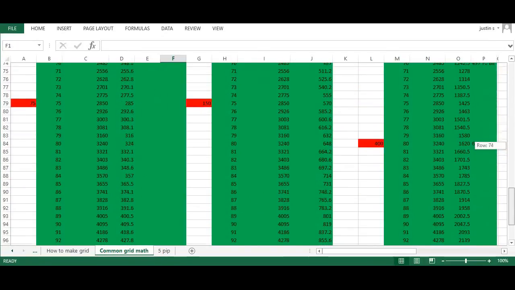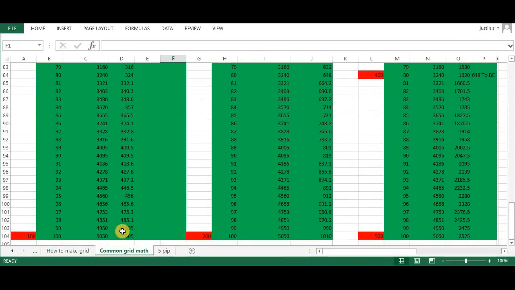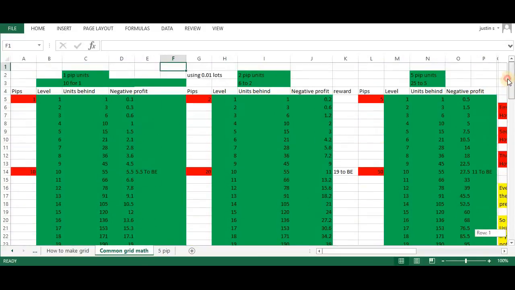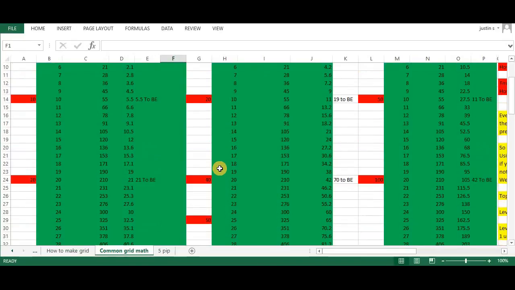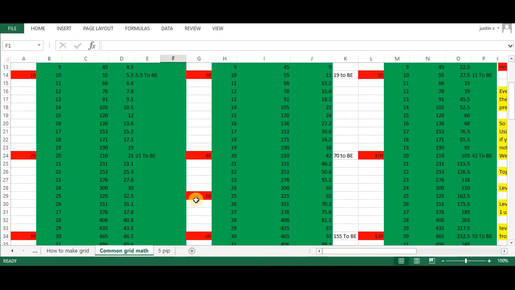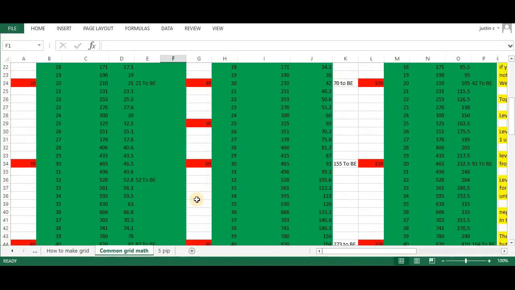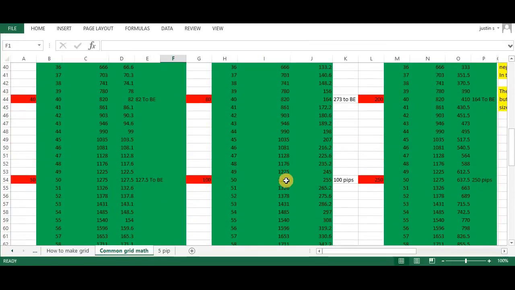To trade a 100 pip grid using the 1 pip unit size, you would need $505. For a 2 pip unit size, that's entry orders every 2 pips. To trade that 50 pip grid, you would need $65. And that same 100 pip grid, you would now only need $255.